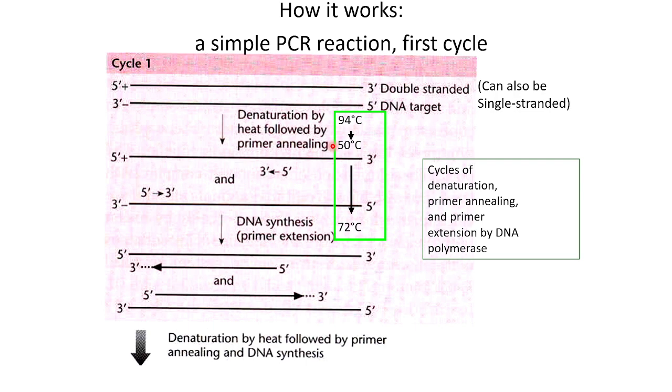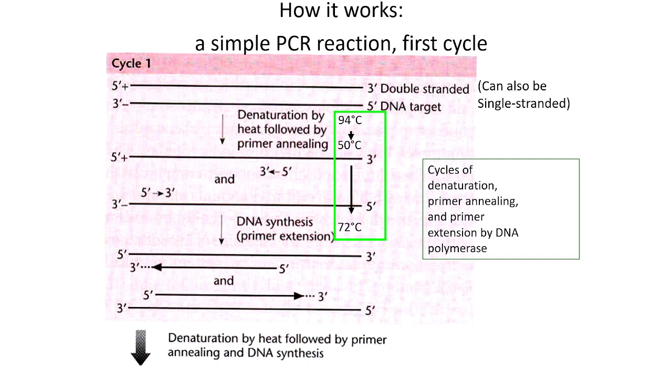So if the melting temperature of your primer is say 70 degrees centigrade, what would the annealing temperature be? That is one question I'm asking you. And the other question is, say the melting temperatures of the two primers are 70 and 68, what would then be the annealing temperature that you are going to use?